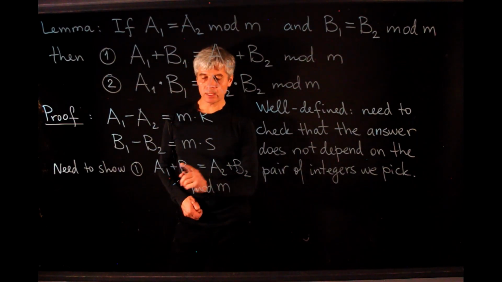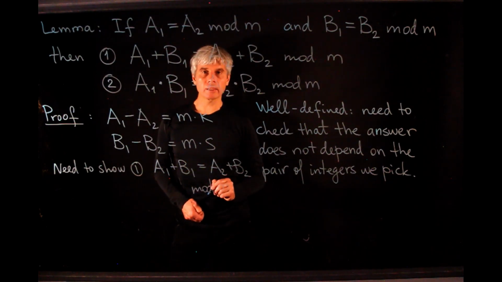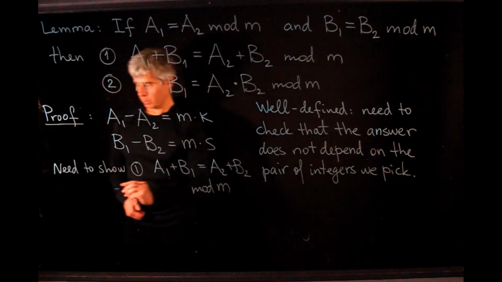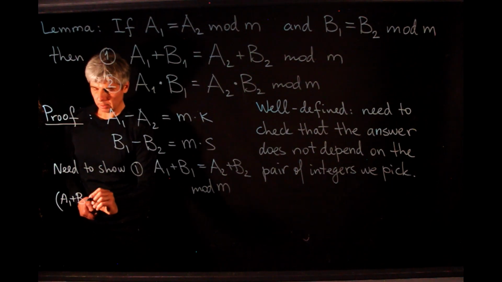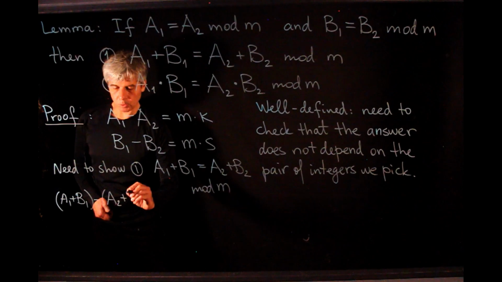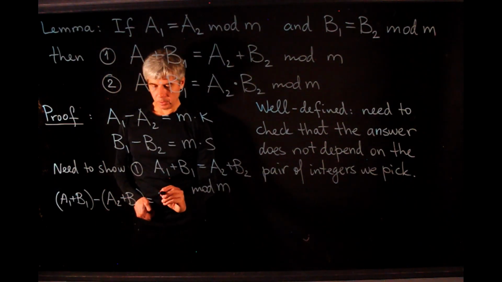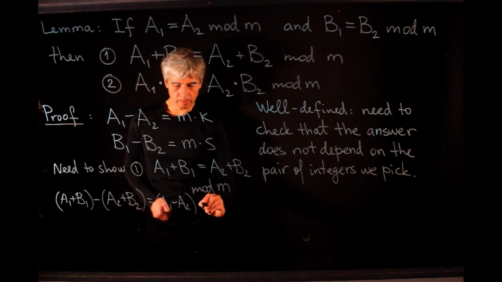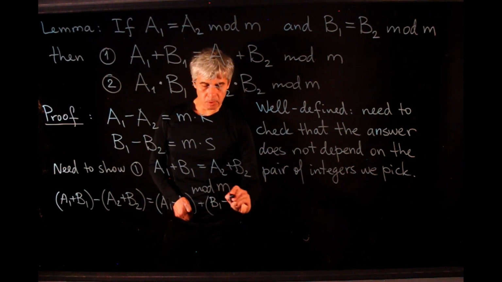We take the difference between these two integers, and we want to show that this difference is divisible by M. So let's take A1 plus B1 minus A2 plus B2. So that equals A1 minus A2 plus B1 minus B2.